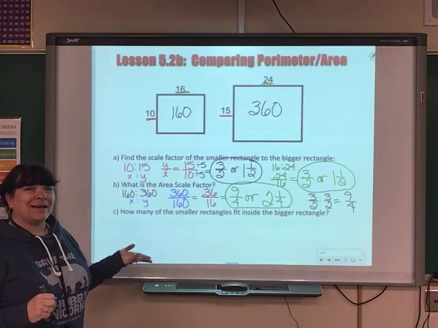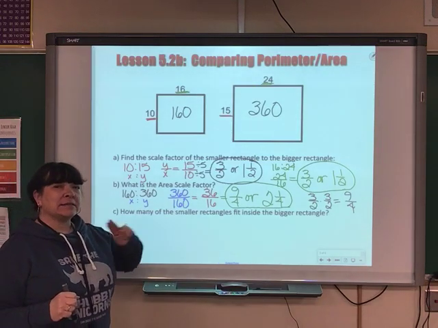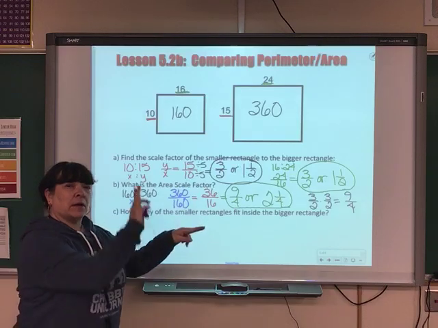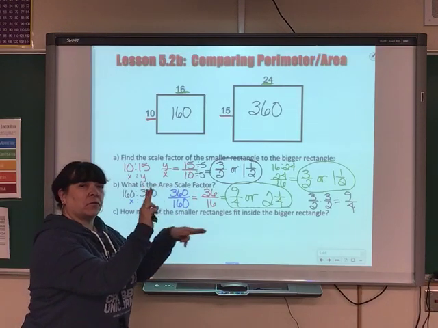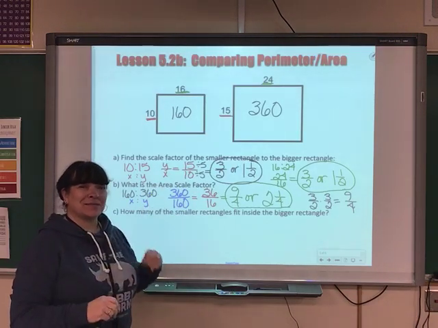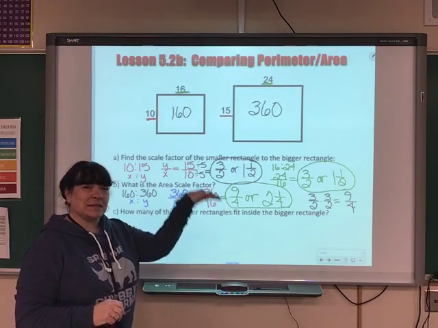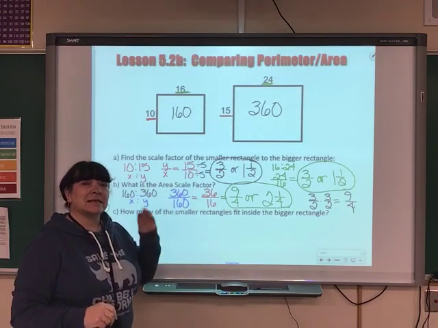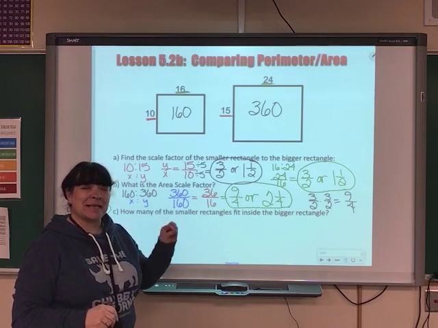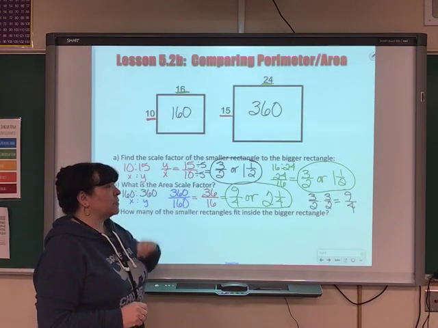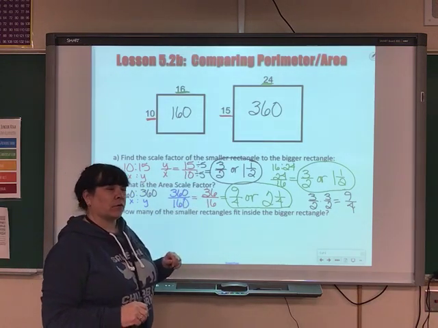What? Yeah, because remember, area is affected by lengths going both directions. So it's affected this way as well as this way. It's squared, it's times itself. And we still would get 2 1/4.